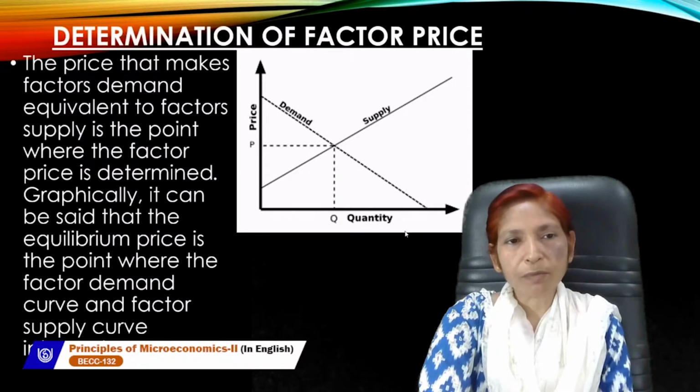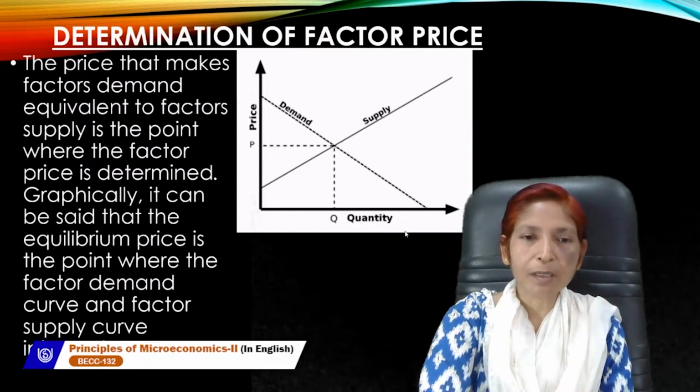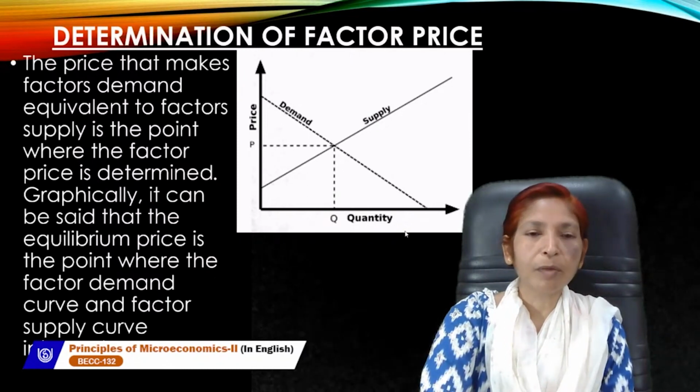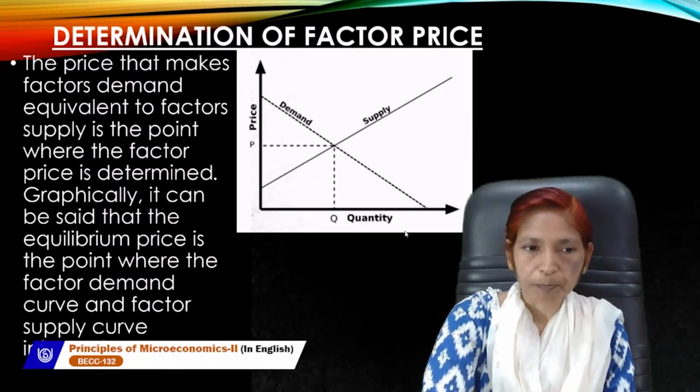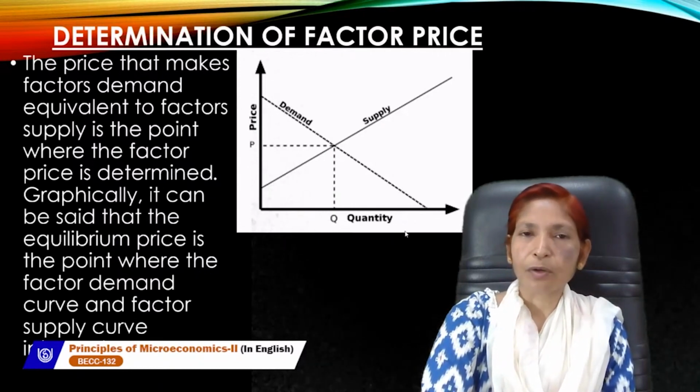When there is a positive relationship between factor supply and price, the supply curve will be upward sloping. And when there is an inverse relationship between factor demand and price, the curve will be downward sloping. So where both curves intersect each other, the equilibrium price is determined.